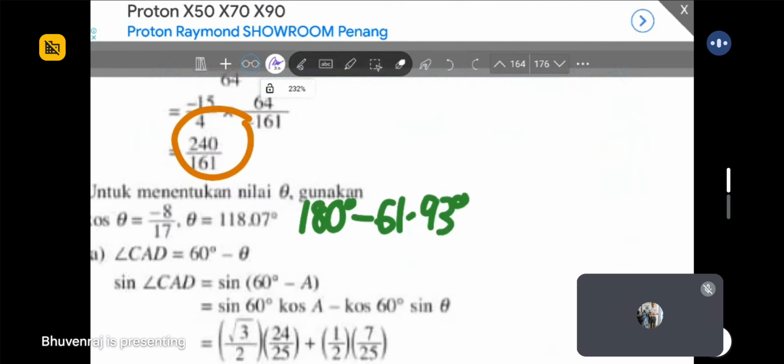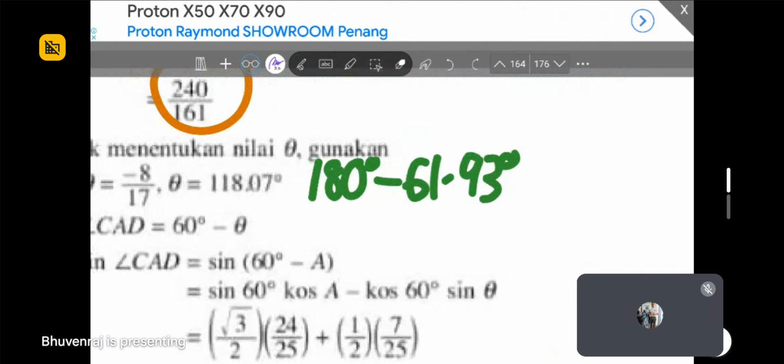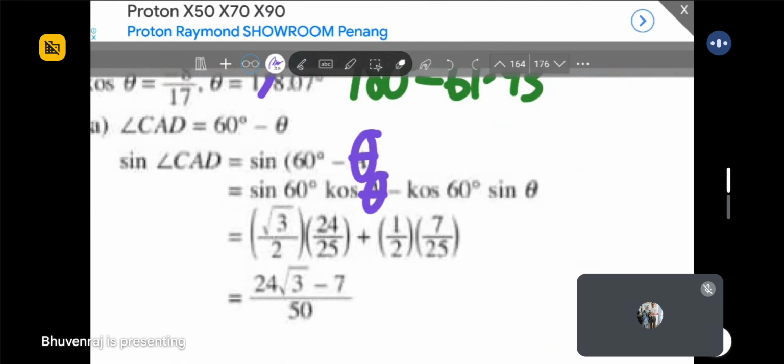Okay, so you can start to substitute all the information inside your formula. Over here is theta, guys. It's not A. You can use the symbol theta, to not confuse. Everything here should be theta. So you gantikan semua, substitute everything, and you will get the answer. Just press calculator.